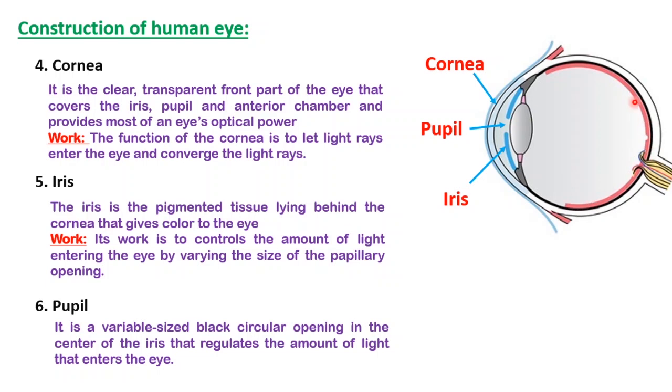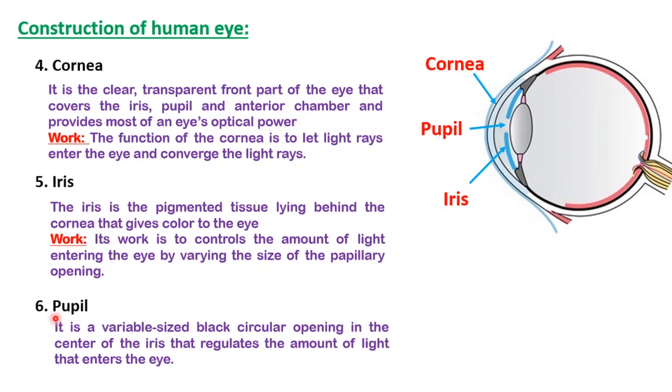So to prevent it, the size of the pupil is controlled by the iris. So what is the work of the iris? The iris controls the size of the pupil so that the amount of light is controlled. If there is so much light, the size of the pupil is small, and if there is low light, then the size of the pupil is increased.